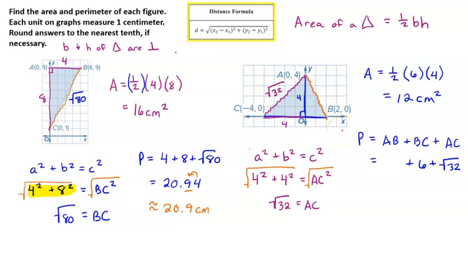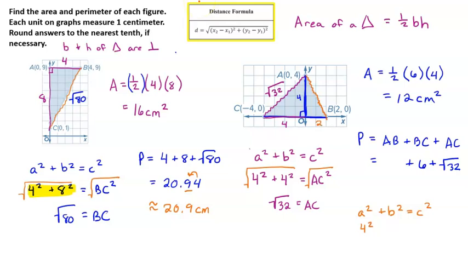So we're going to use the Pythagorean theorem again. So for this one, we've got A squared plus B squared equals C squared. And we've got 4 for one of our sides, which is this one here. And then on this side, we've got 2.